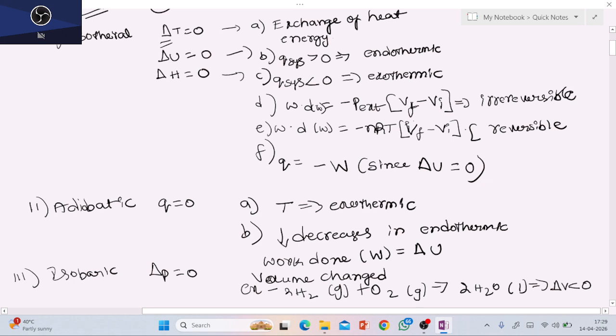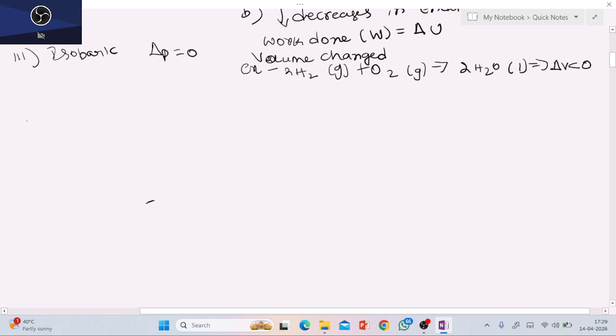Next one, isochoric type. Let us take the fourth one, isochoric type of system. Delta V equal to 0, and pressure changes, special aspect: pressure is going to change.